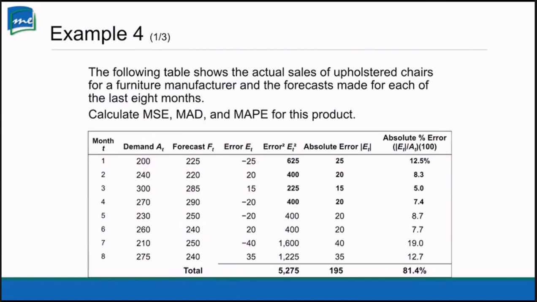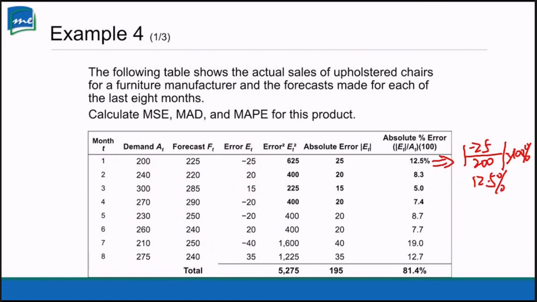For example, for month 1, it equals negative 25, which is the forecast error we obtained here, divided by the actual demand, which is 200, times 100%. So we obtain 12.5% as the absolute value here.